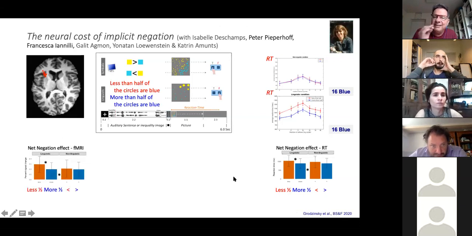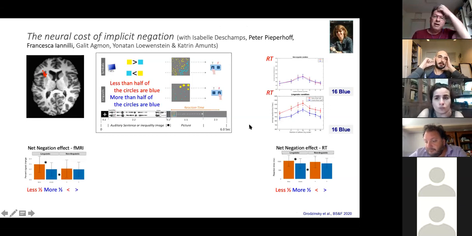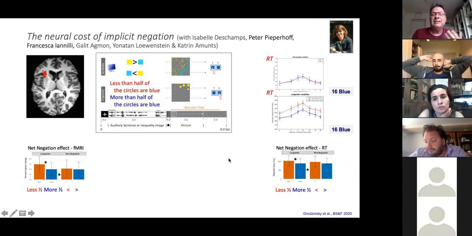We did exactly the same experiment. For technical reasons, we actually used a smaller number of proportions. So here you have 7 in the reaction time experiment, and in the fMRI experiment, we had only 5 because there's a limit on how long you can have these poor subjects sit in the magnet.